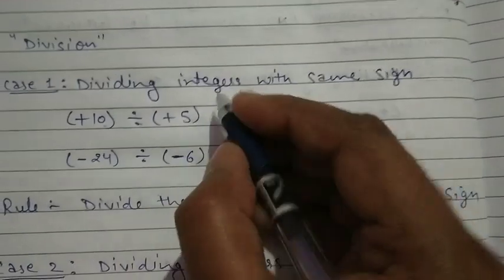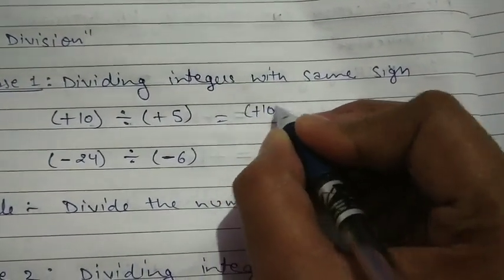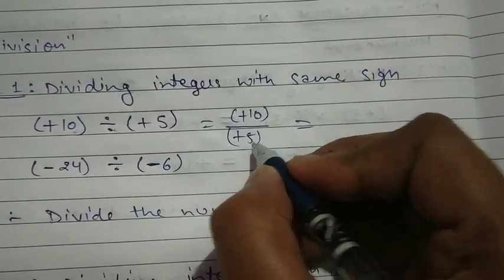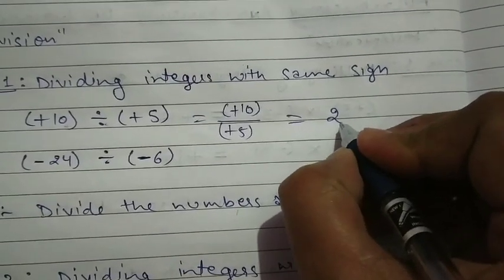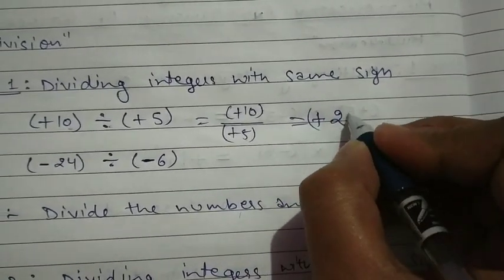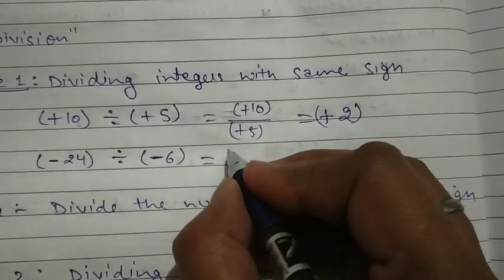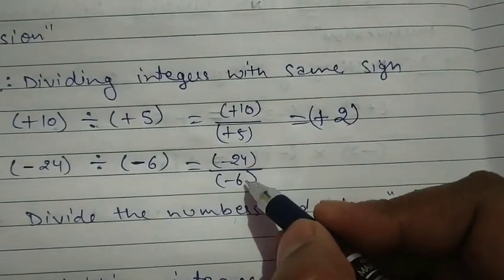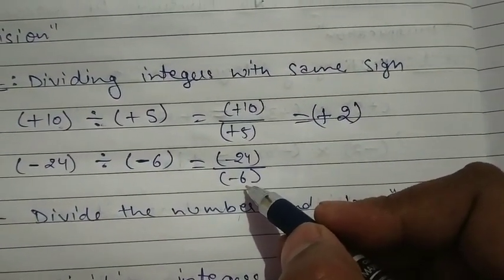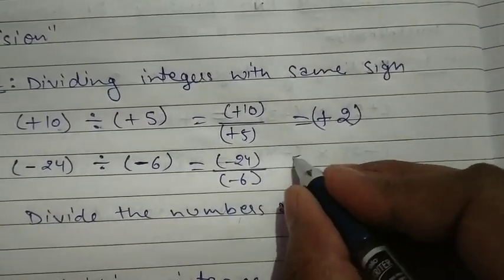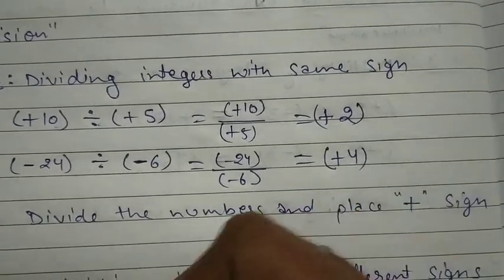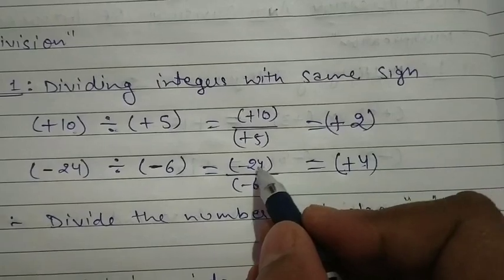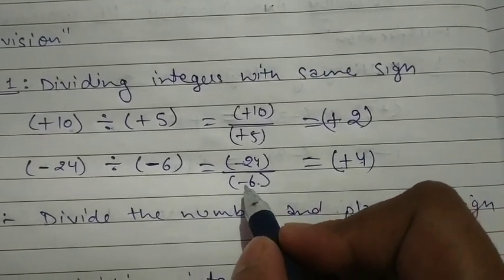So plus 10 divided by plus 5, and we all know on dividing 10 by 5 we get 2, so the answer will be plus 2. Now here we are dividing minus 24 by minus 6. On dividing 24 by 6 we get 4, because 6 fours are 24. So this will be plus 4. We simply divided 24 by 6 and put the plus sign, because these two have the same sign.